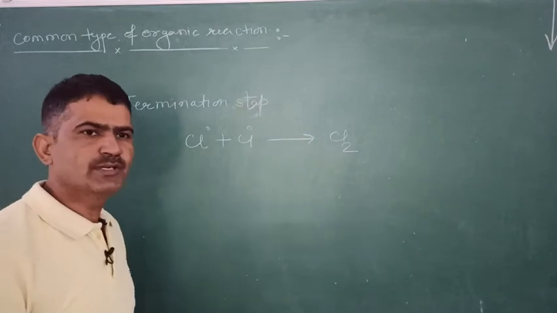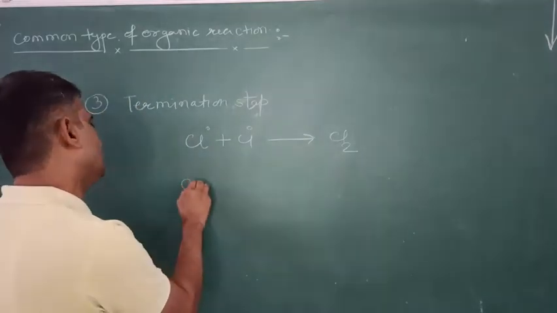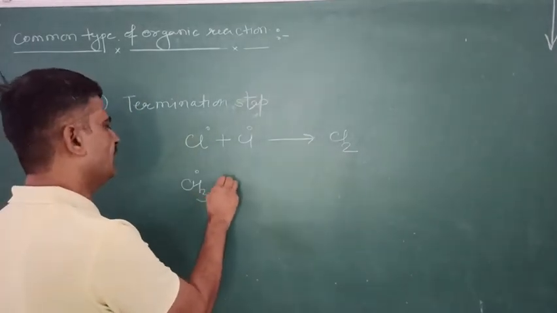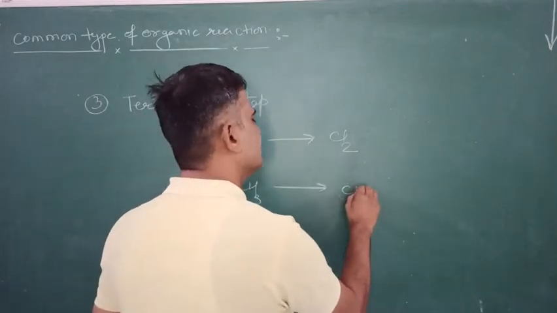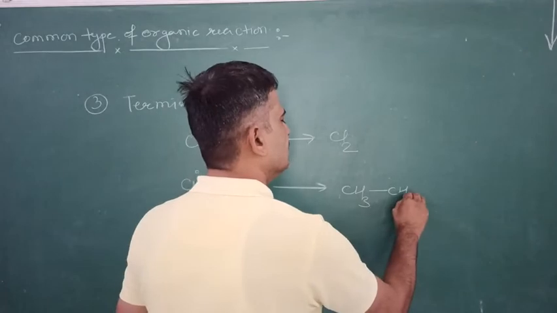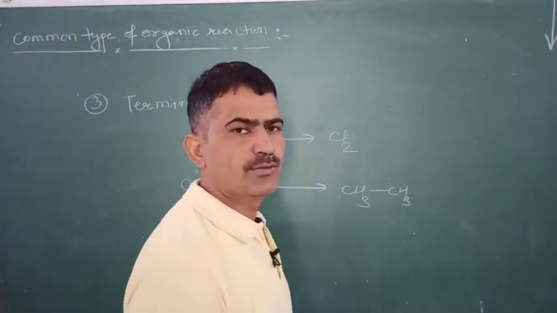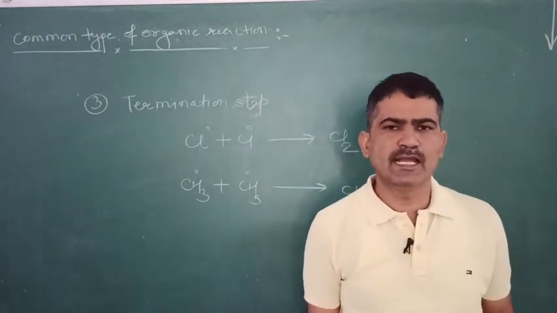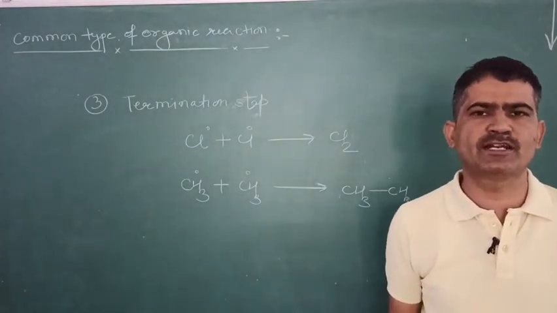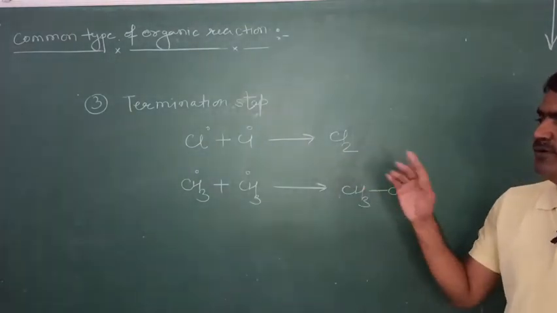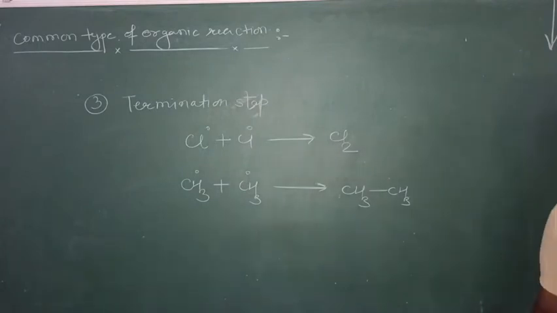This is one possibility. Another possibility is that a methyl free radical reacts with another methyl free radical and it changes to ethane molecules. These are the three types of substitution reactions: nucleophilic substitution reaction, electrophilic substitution reaction, and free radical substitution reaction.